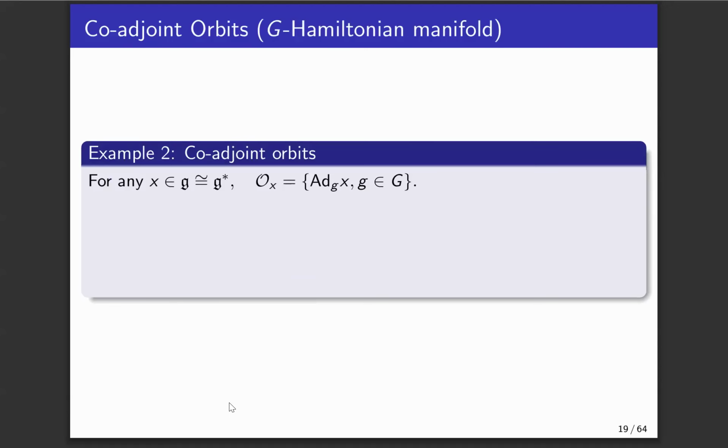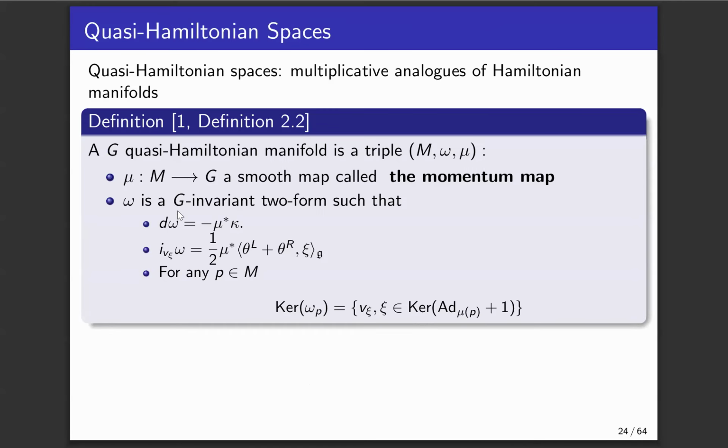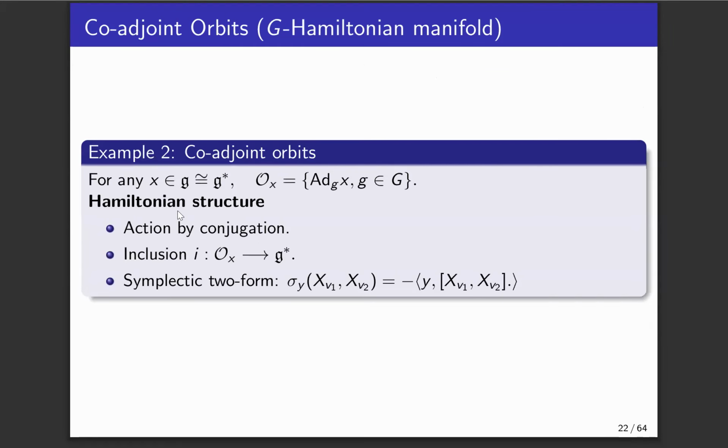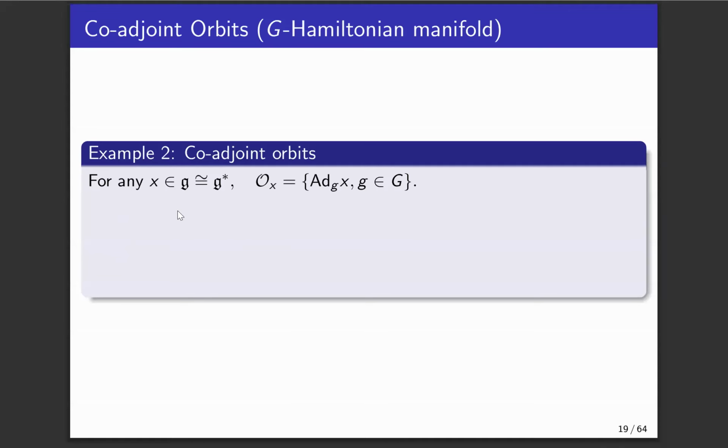Then the second example: coadjoint orbits. Again, using the scalar product that we introduced before, we can identify the Lie algebra with its dual. And if we take any element x in the Lie algebra of the Lie group, the coadjoint orbit is described as follows.